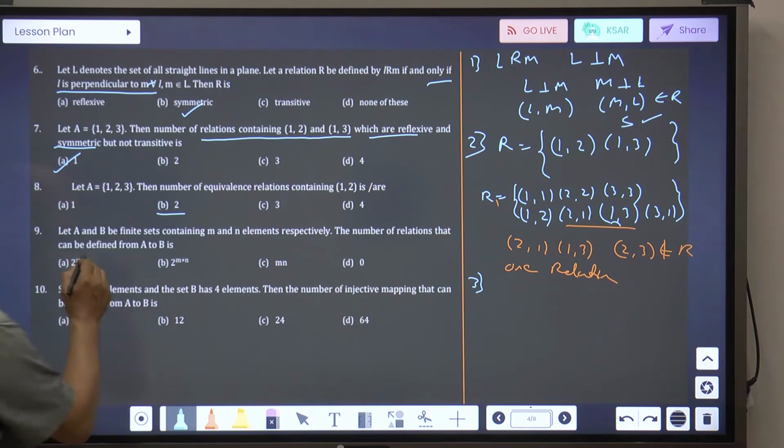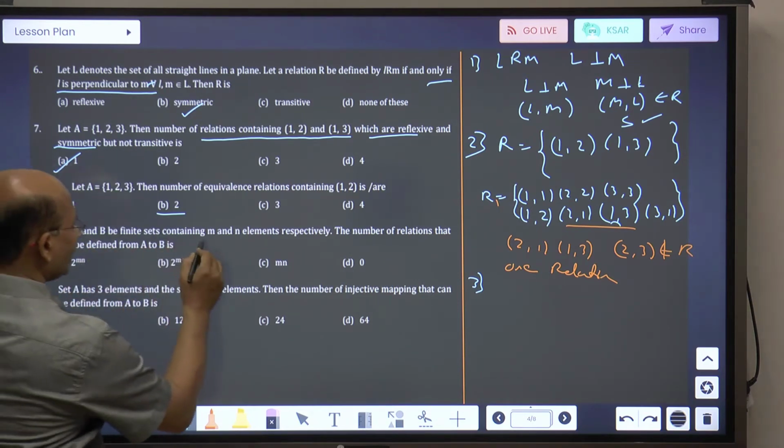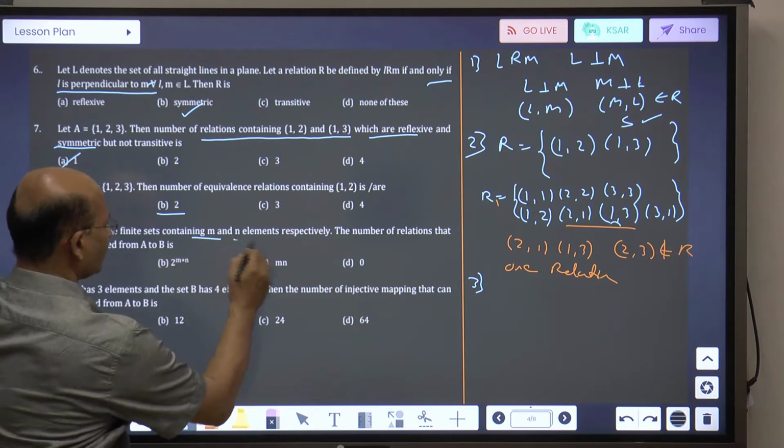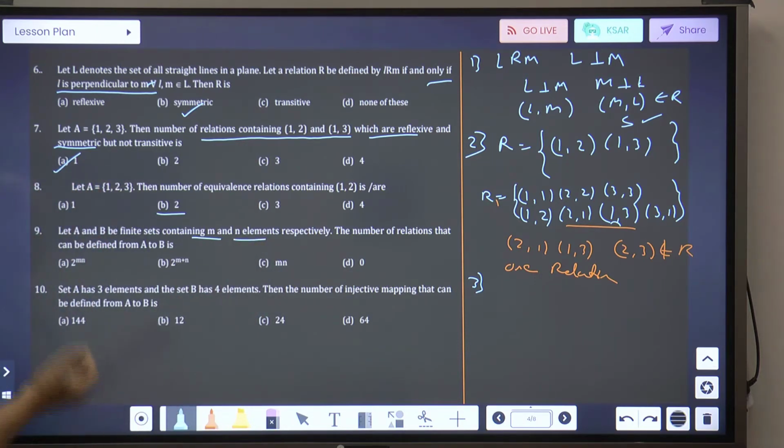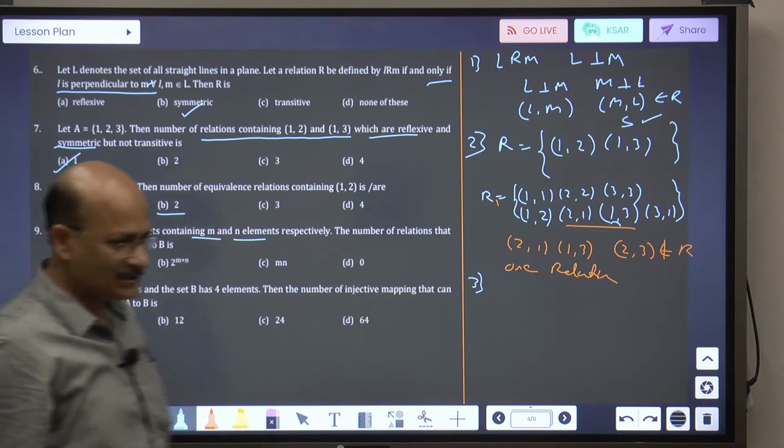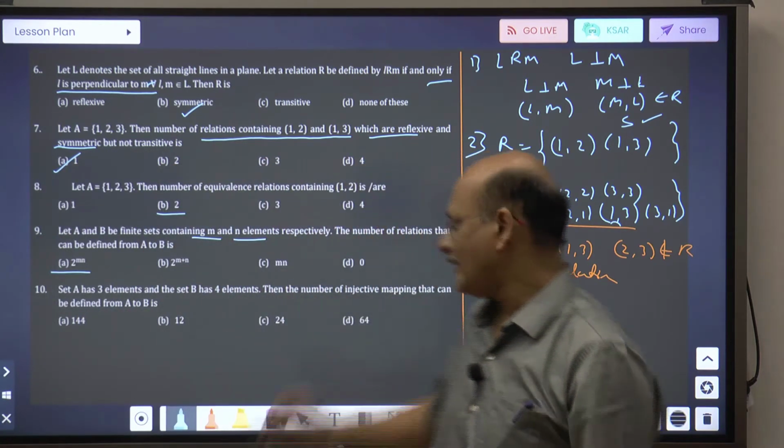Now see. A is a finite set containing m elements and B is a set of n elements. What is the number of relations in this form? I had given you the formula in the beginning. Please go through the notes. I will share these notes with you all. 2 raised to mn will be the answer for this. It is a precise concept, because it becomes easy for us to directly write the answer.